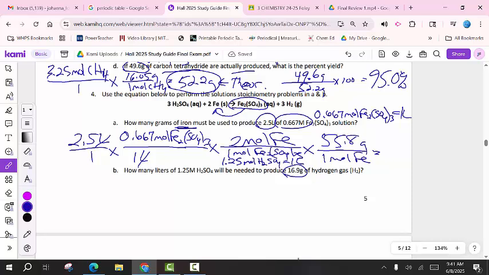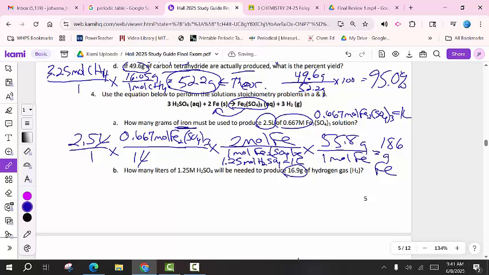This is still stoichiometry because you have a reaction, and you're going between one thing and something else in the reaction. I'm going to do 2.5 times 0.667 times 2 and then times 55.8. That gives me a final answer of 186, and that would be grams of iron.